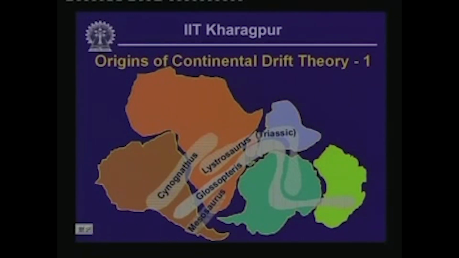So the hypothesis began that maybe way back in geologic history these land masses were indeed connected to each other, and these plant and animal species could be present over parts of the landmass which later on got separated from each other.